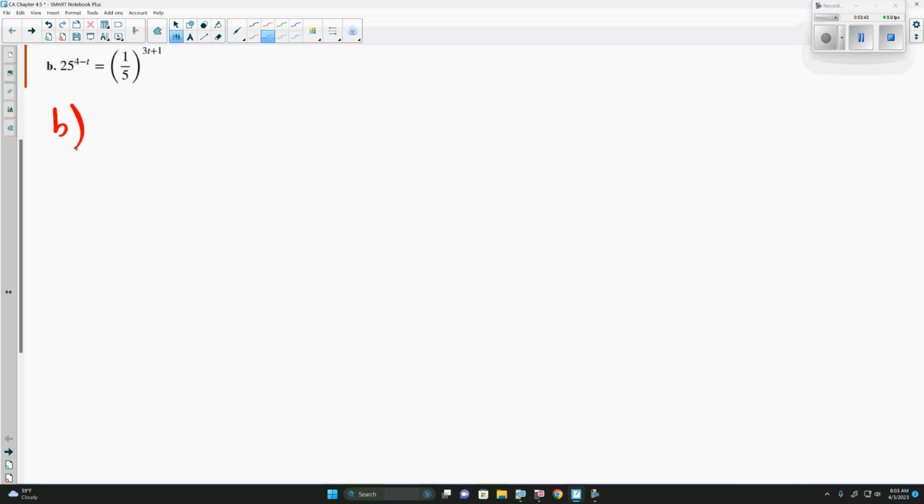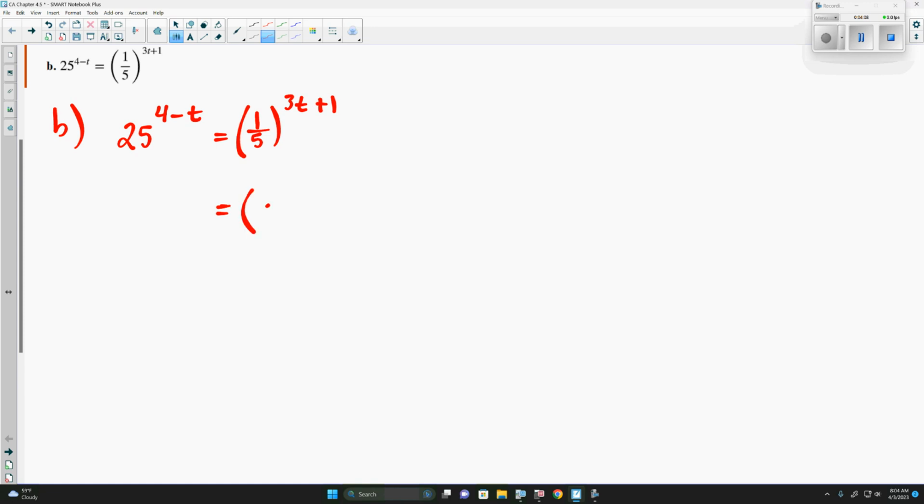which is the exact same process, except we're going to have to do a little bit more to it to get them to be the same. Now we can look at the right-hand side first. 1/5 to the 3t plus 1. So it'd be nicer if it wasn't as a fraction.